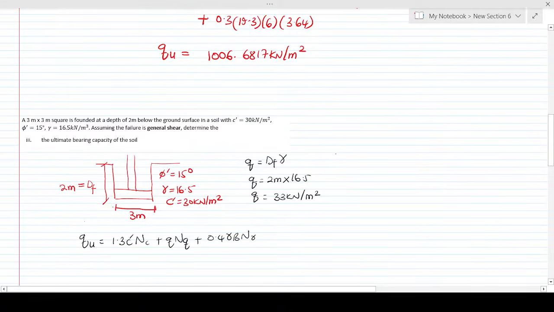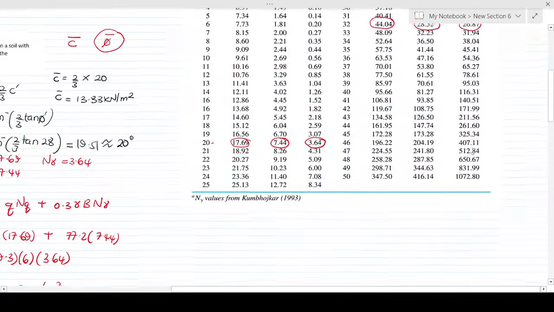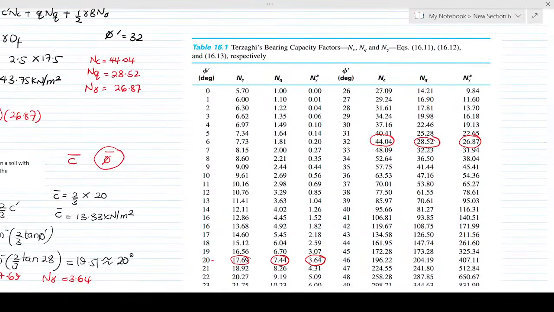Now my phi given to me was 15. So I go to the chart. I need the chart for phi 15. So where is 15? Here they made a mistake. Here is supposed to be 15. So this is my 15. This is my NC, this is my NQ, and this is my N gamma.